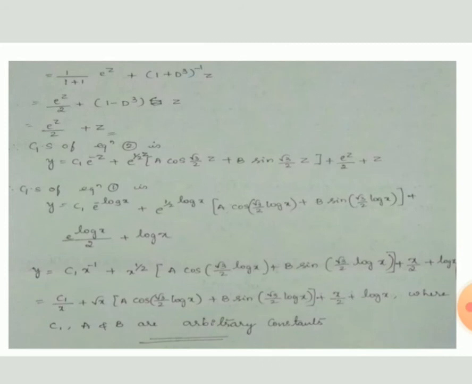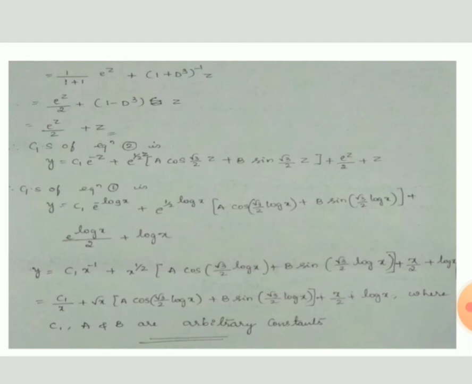For the second term now we have to split. Observe that there is a form 1 plus x power minus 1, so at that time that is 1 minus x. So I will write here 1 plus D cubed power minus 1 into z. Observe that for the second derivative onwards z will get 0, so that's why we will consider only the first derivative: 1 minus D cubed into z.